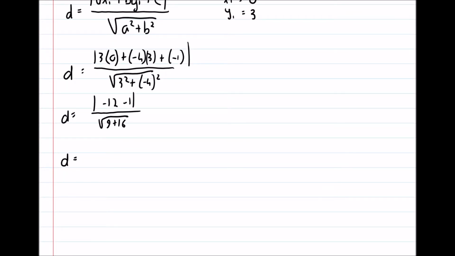D equals minus 12 minus 1 is minus 13, however we're getting the modulus of that, so it's positive 13 over the square root of 25, which is 5. And that will give us D equals 2 and 3 over 5. You could write it as a decimal if you wanted.